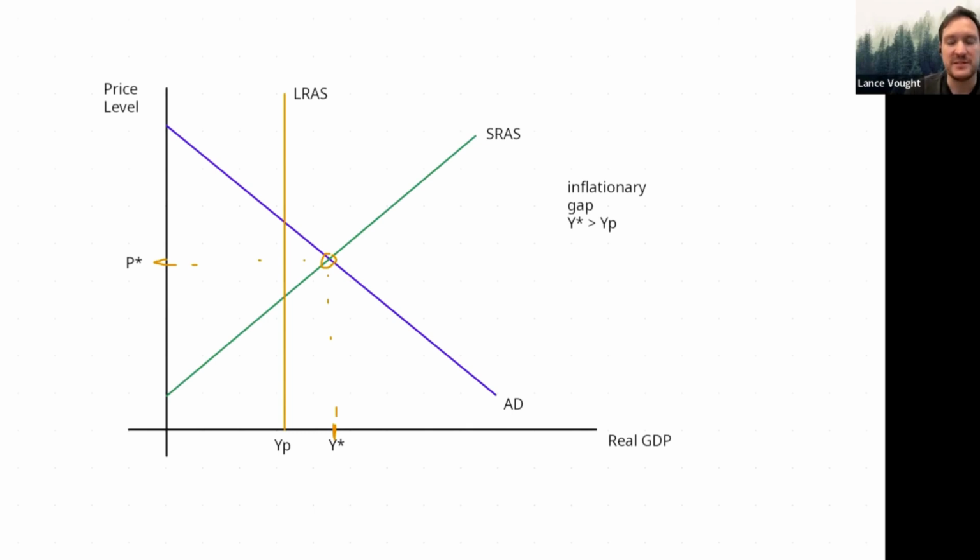The problem is this. Step one, if you see that the economy is doing really well like this, you might think, hey, let's just ramp up production because good times are rolling. The problem with that is if you try to ramp up production at this point, there's not enough workers available because YP represents your natural rate of unemployment.